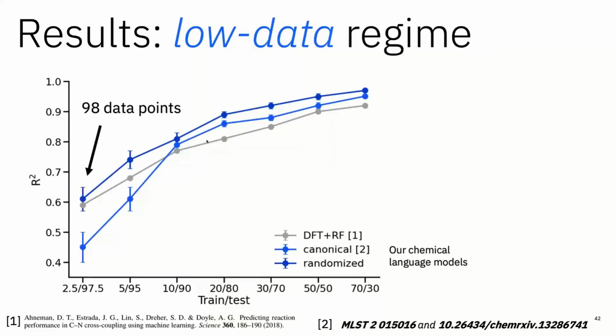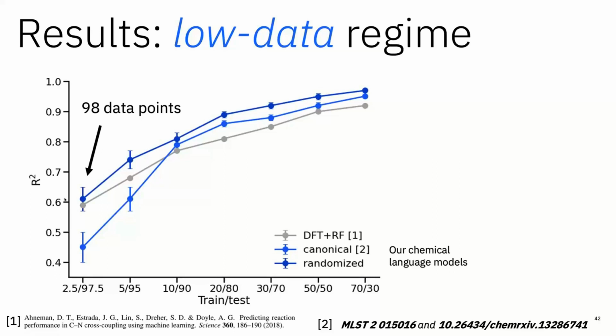And even there, we were super happy to see that when we applied data augmentation, so basically used multiple versions of the same data points in the training set, we could achieve, even with less than 100 training data points, results comparable to the ones that were done with physics-based descriptors.